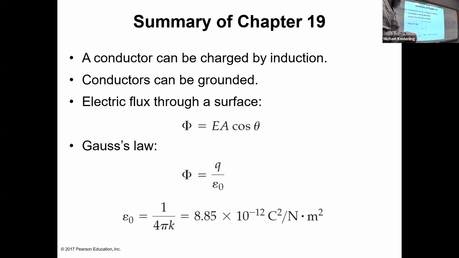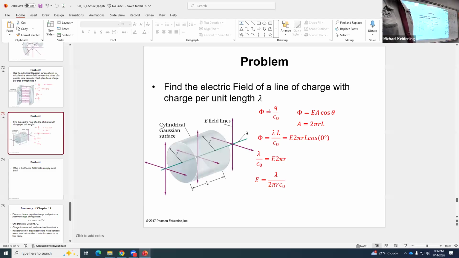Gauss's law is that the total electric flux out of a surface is the charge contained over epsilon naught. And epsilon naught is 1 over 4 pi k, or 8.85 times 10 to the minus 12 coulomb squared per newton meter squared. That was chapter 19.